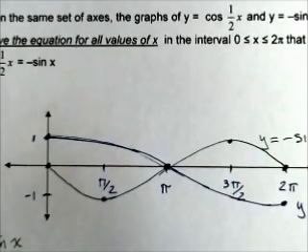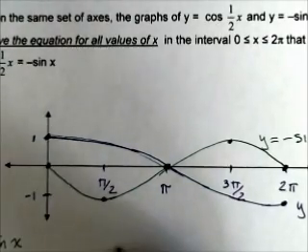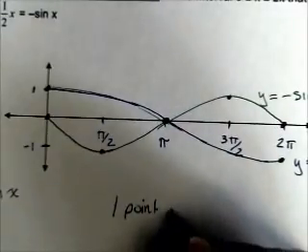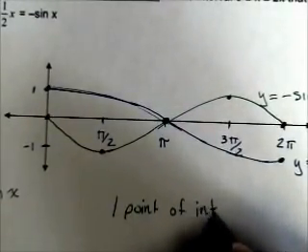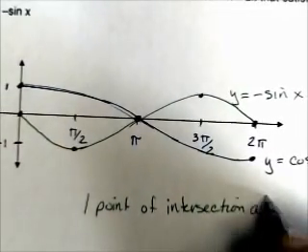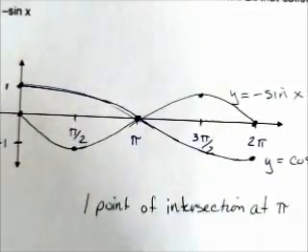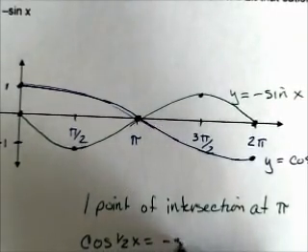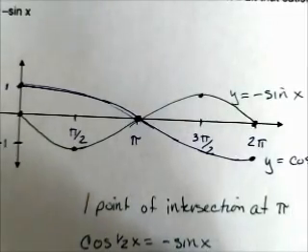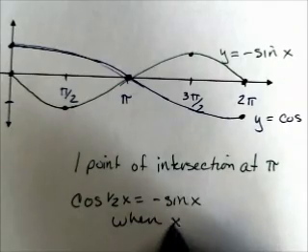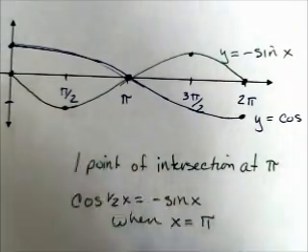So there is one point of intersection at pi. So cosine of 1/2 x equals negative sine x when x equals pi. And that's our answer.